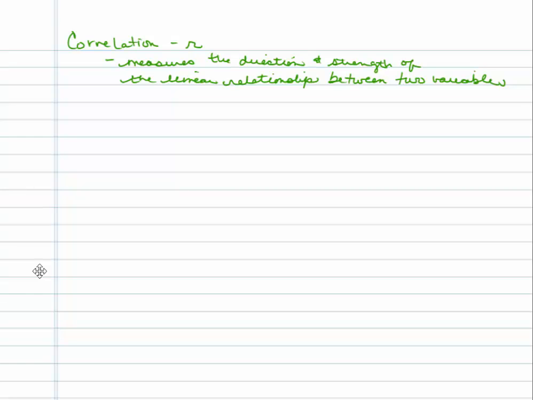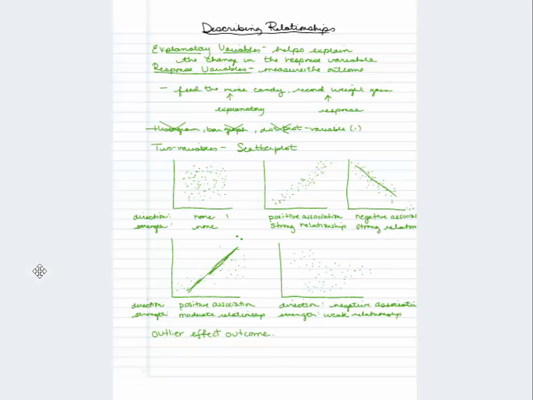So if we flip back to the back page and look at these 5 little examples that I gave you, for the first one where there's like no direction, no strength to it, it would have a correlation of probably 0. Something that has a real strong relationship would probably have something closer to 1, like 0.95 or something like that.